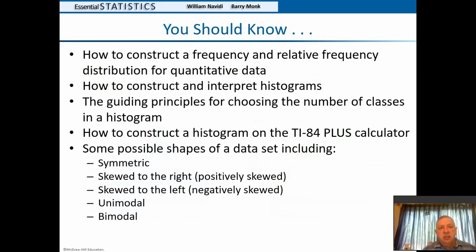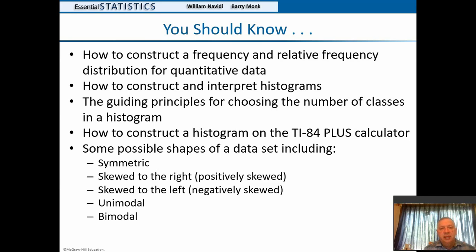So let's summarize some of the things that we talked about. How to construct a frequency and relative frequency distribution for quantitative data, this time not qualitative. We basically put them into classes and then we added them up. We could do discrete data 0, 1, 2, 3, 4, 5, and it wouldn't be a class, that number would be the discrete data histogram. But again, we would count how many were in that class.